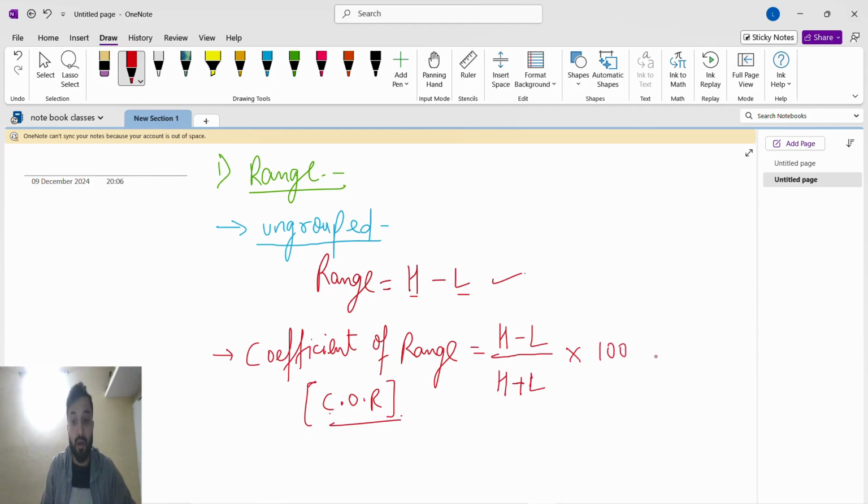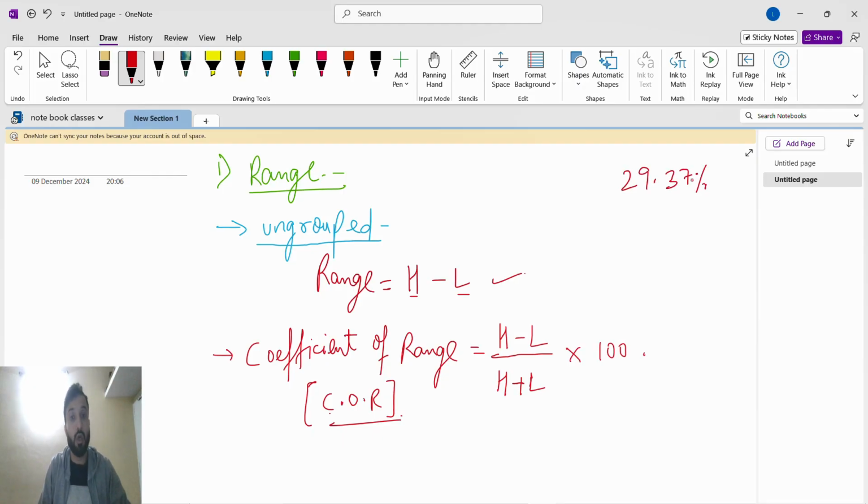Now, a very important thing about finding the coefficient of range happens a lot of the time. Suppose you find H minus L, you find H plus L, you divide, then you multiply with 100. Multiplying with 100 means the answer will be in percentage, because any value multiplied by 100 gets converted into percentage.